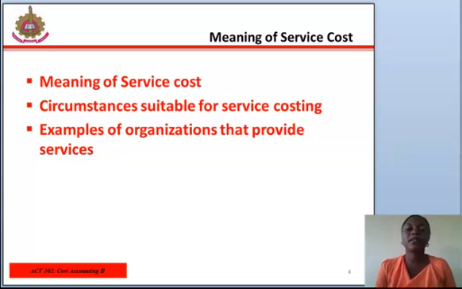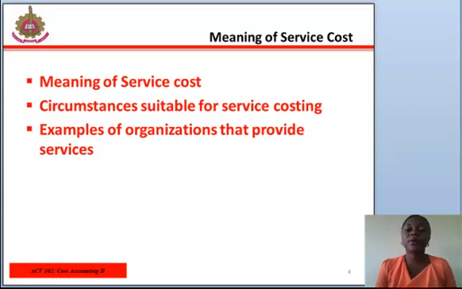Hence, service organizations do not make or sell tangible goods. Service or operating costing is used in all organizations that provide services instead of producing goods. Despite the lack of tangible form, service outputs still have a production cost, and managers must be aware of the costs that are involved in order to run the business.